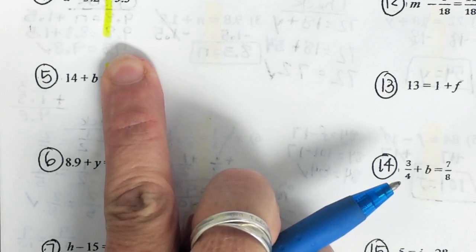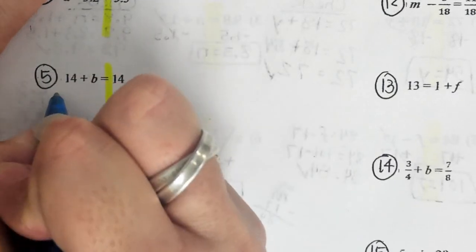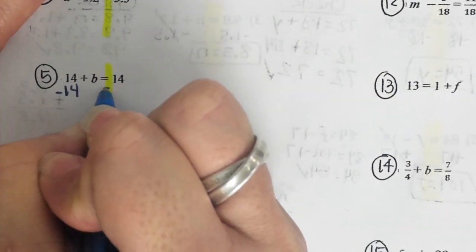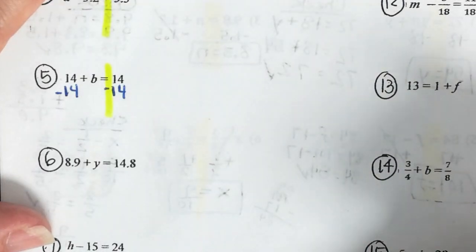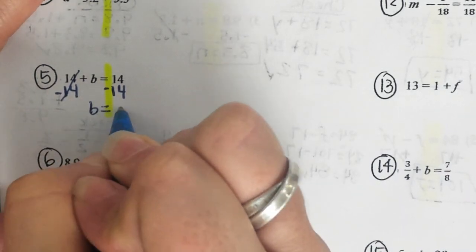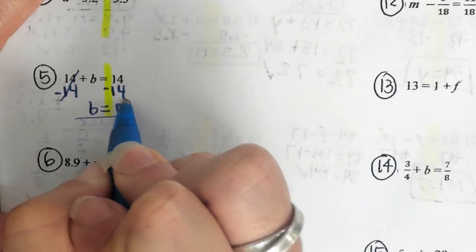Positive 14. What's the opposite? Minus 14. So if I do a minus 14 on this side and a minus 14 on this side, B is 0. Now, you still might be confused, but think about it this way.